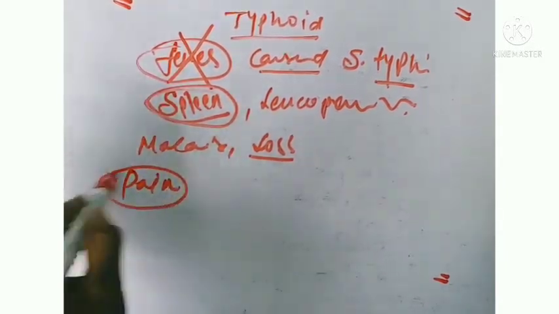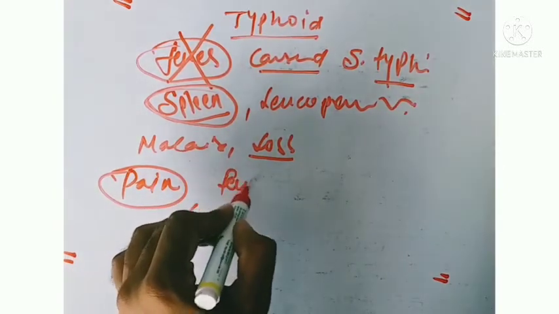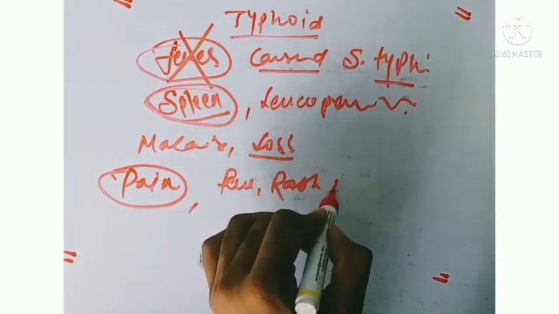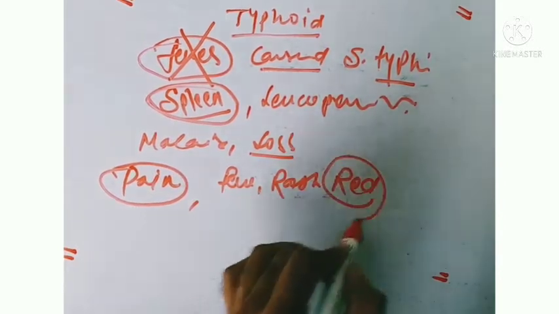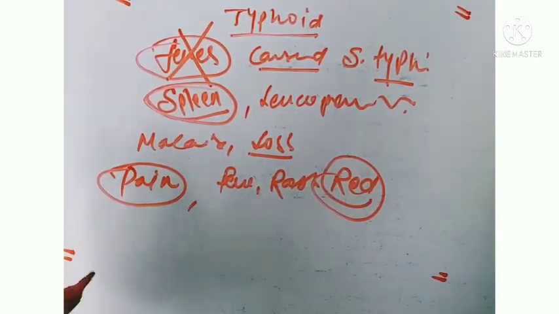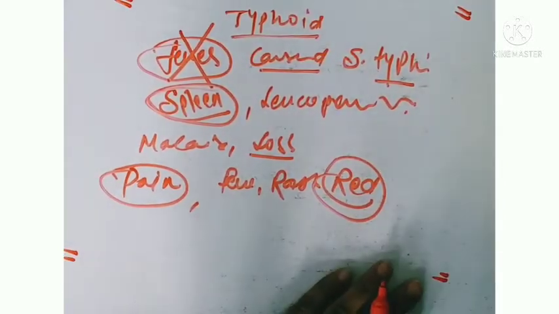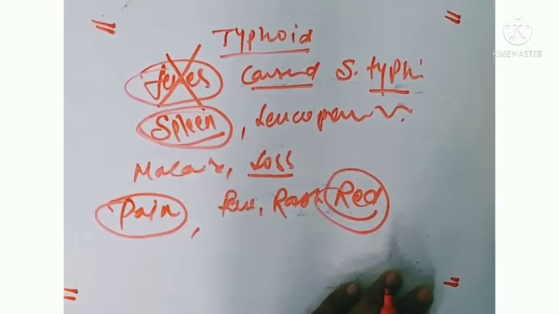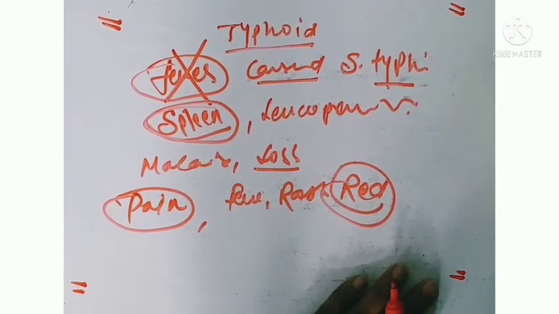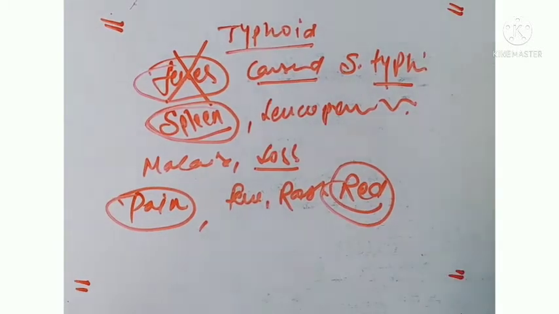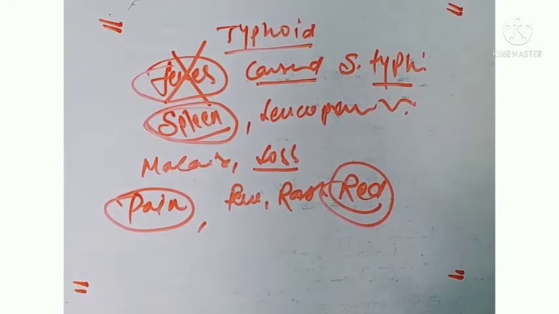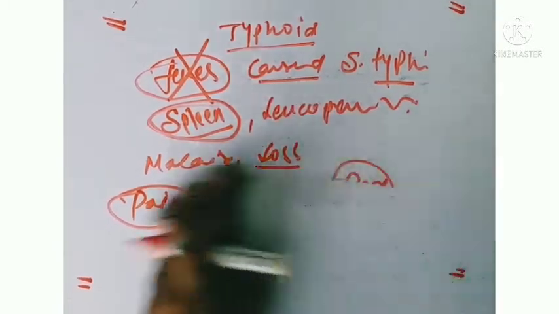Then pain in the body, then fever, rashes like red spots can be seen. Okay, these are some common symptoms you will see in the case of typhoid. Then we will discuss about the pathogenesis, and that pathogenesis is very important.